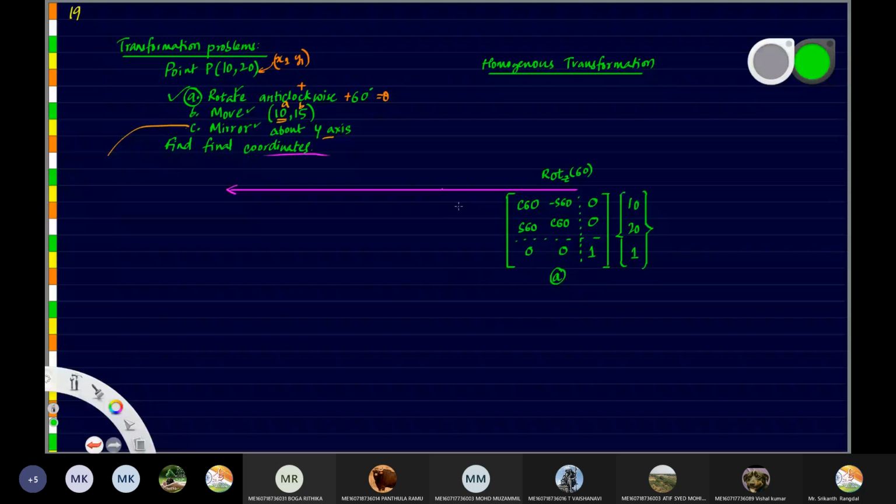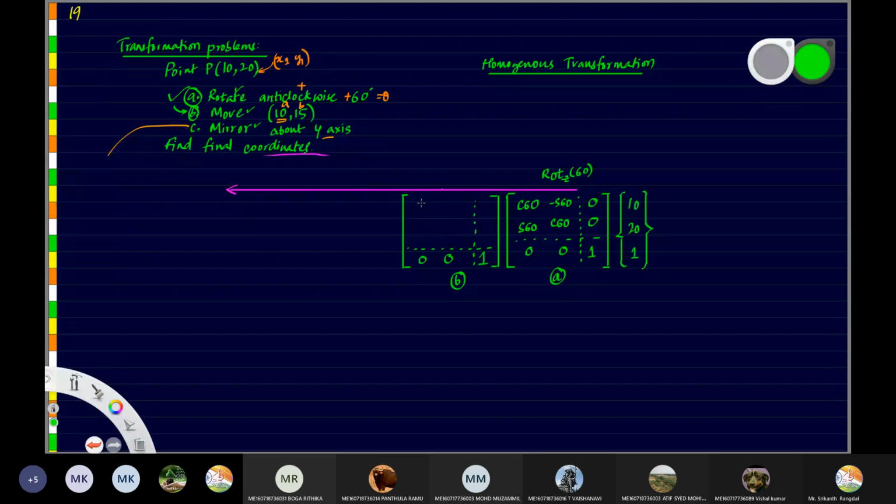Again, the next matrix we have to write on the left side of this. So what is the next one? Next we have to do option B, which is purely for movement. Once again, we divide this like this. We are not doing any scaling, so scaling is 1. The null matrix will always remain 0, and we are not doing any rotation.